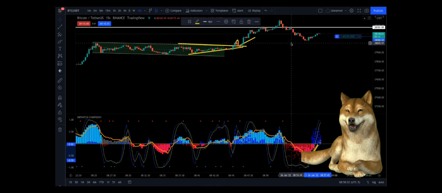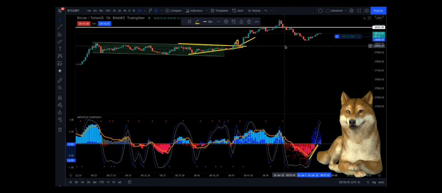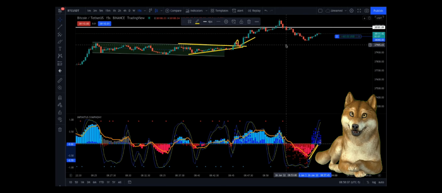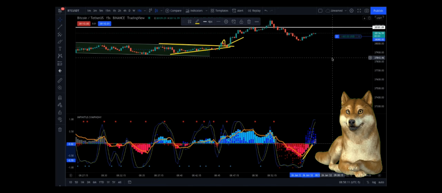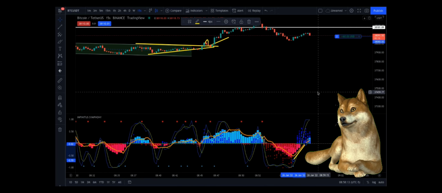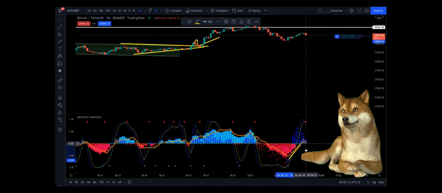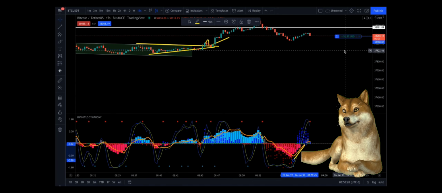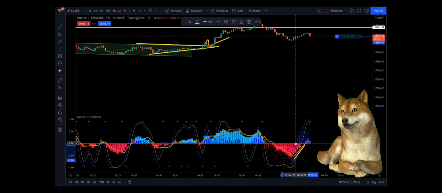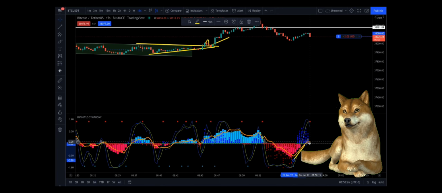I don't know who trades a 15-second chart, especially manually. Maybe some crazy bots or something. I don't know. Nice interest. Q line, north of the border.